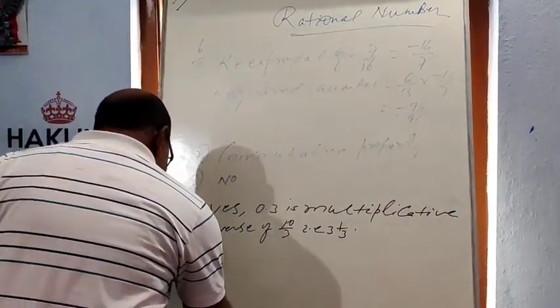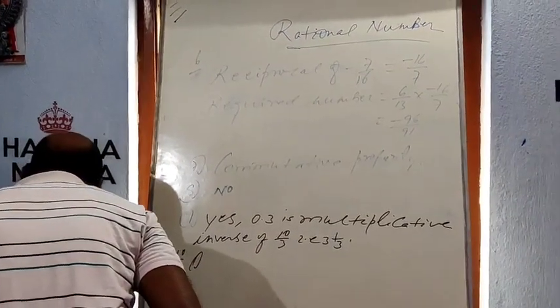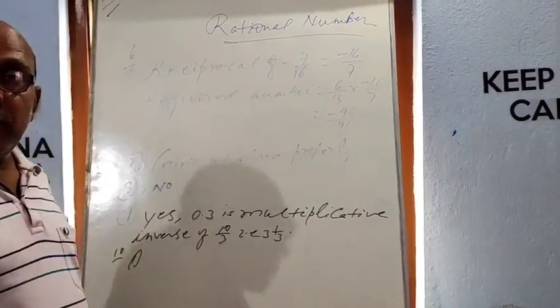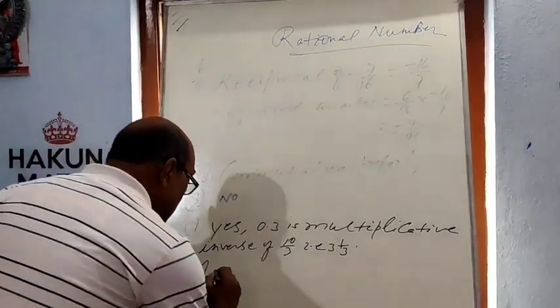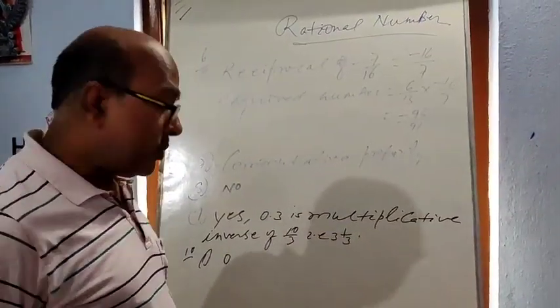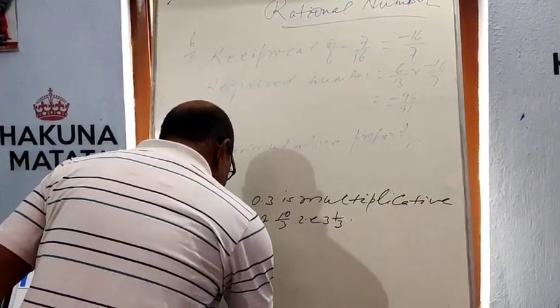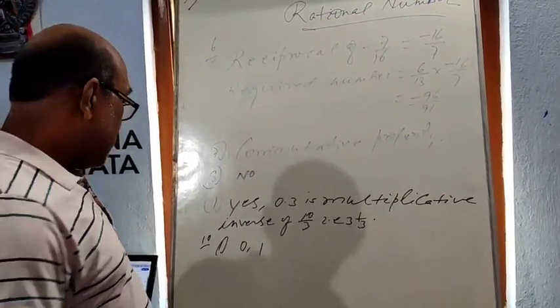Question number 10, part one. The rational number that does not have a reciprocal. You have to find a rational number which has no reciprocal. Your answer is 0. These two numbers, 0 and 1, have no reciprocals.